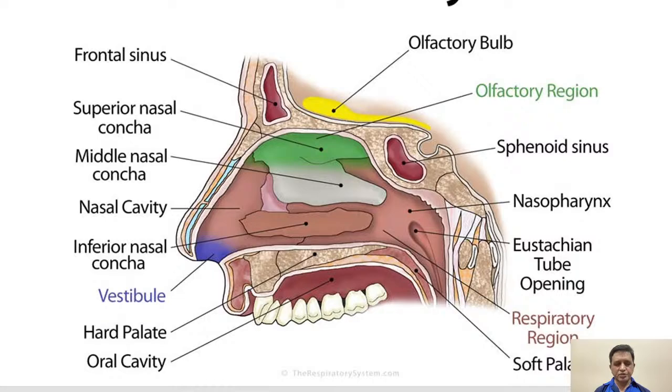The very first thing to look for is which nostril is dominant, which means the airflow. Is it more in the left nostril or right nostril, or even in both the nostrils? Pay attention.